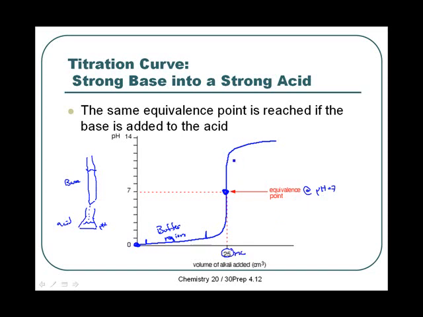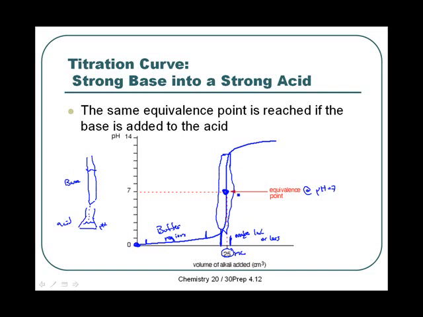So when we're choosing an indicator for strong acids, strong bases, we can see that for this region of our graph, the volume of base being added is very, very minimal. If you look down here, if we just sort of measure it down here and this one up here, the range of volume is maybe 1 milliliter or less.